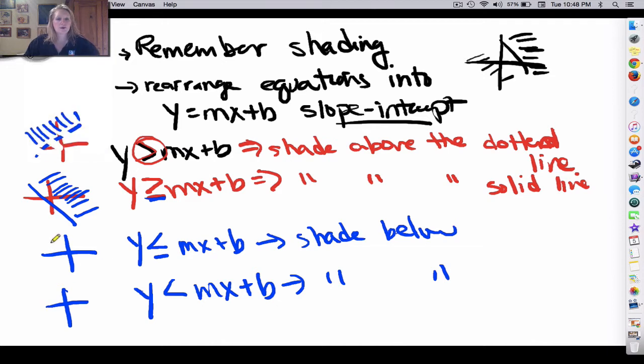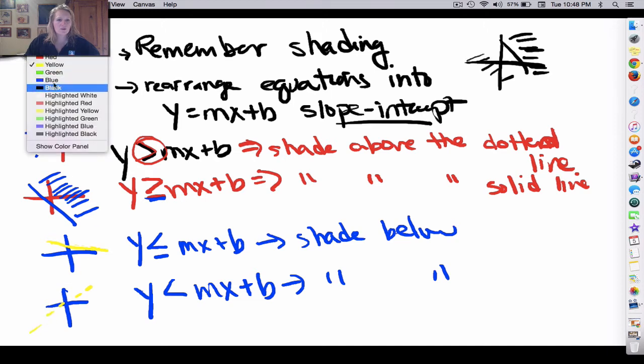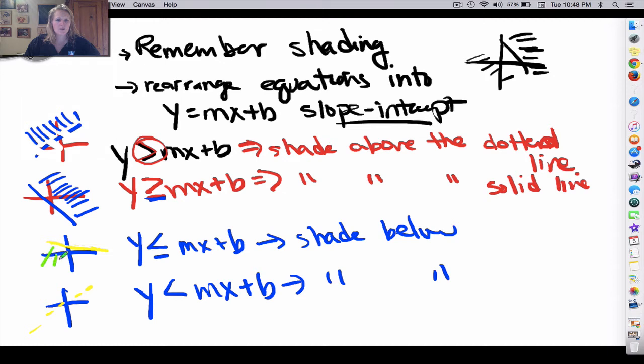So here we would have, let's make this a nice solid line. Let's make this a nice dotted line. Look how nice that line is. And then you would, of course, shade below the line. Okay, so a very colorful way to remind you of all of those things.